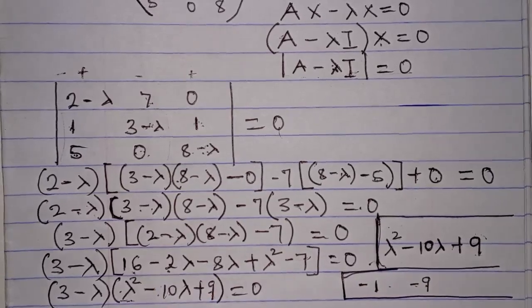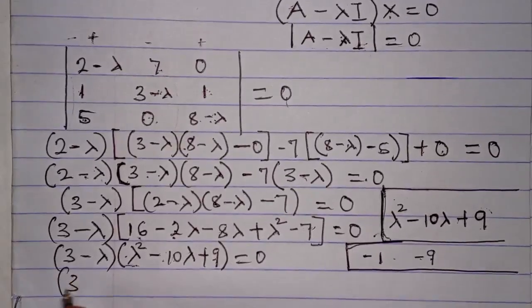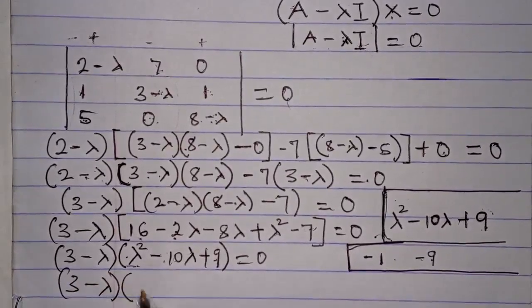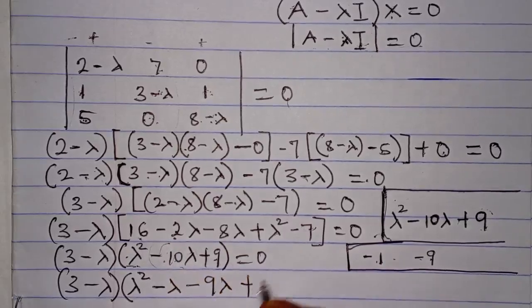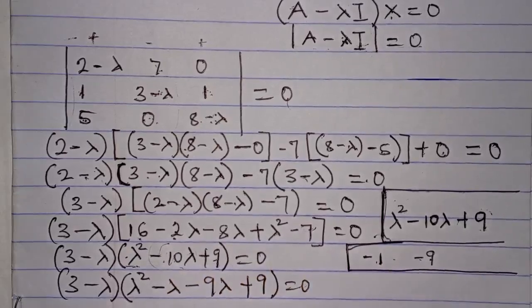Okay, so I'm going to write 3 minus lambda into lambda squared minus, in place of minus 10 lambda, I'm going to write minus lambda minus 9 lambda plus 9 equal to 0.